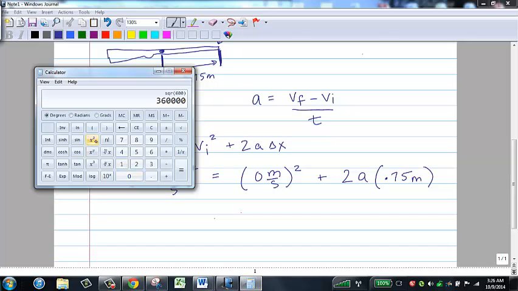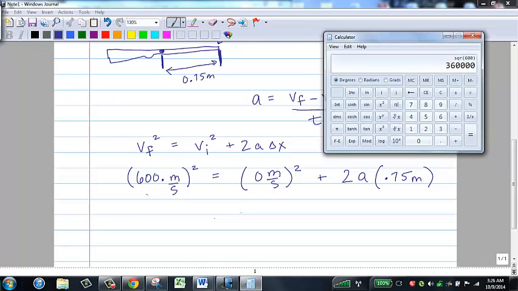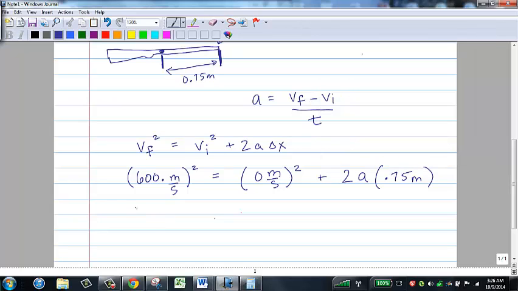That's equal to 360,000. The meters and the seconds get squared as well. And that number only has 3 significant figures. So in theory, I should be writing it down like this: 3.60 times 10 to the 5th.